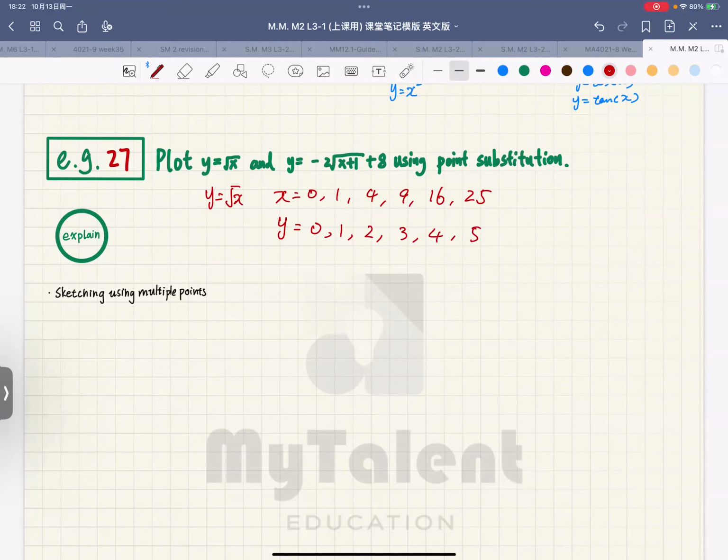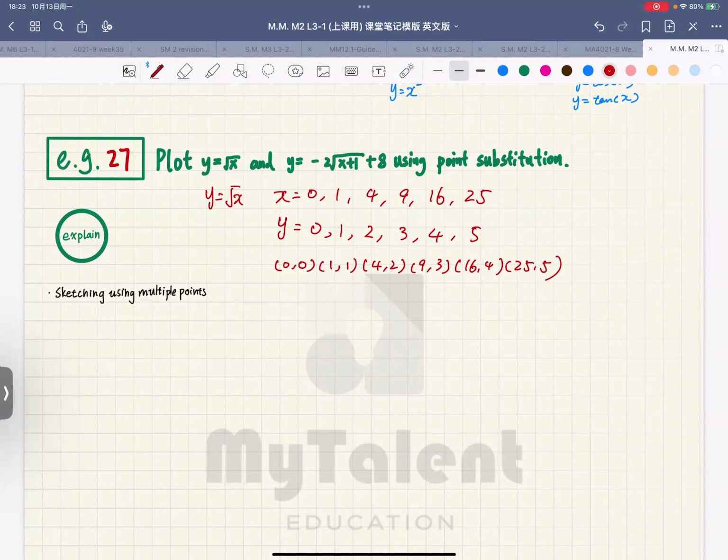So we have 0, 0, 1, 1, 4, 2, 9, 3, 16, 4, 25, 5.